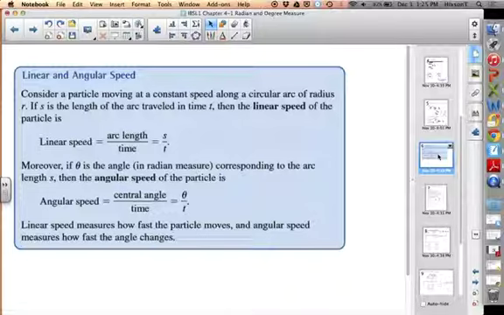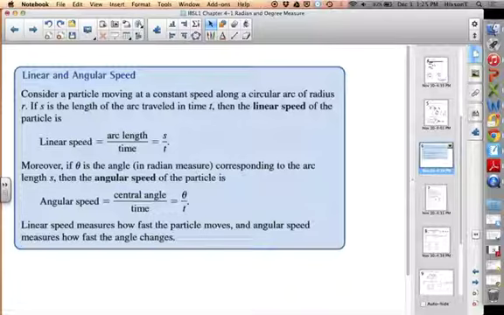It's hard to tell how fast things are moving around a circle because they're not going in a straight line. It's hard to tell how far they actually went. But if you use arc length to find the distance, then you can divide by time and get the speed, all right? For the angular speed, you've got to have your angle in radians, but you divide your central angle by time, and that'll show you how fast the angle is growing.